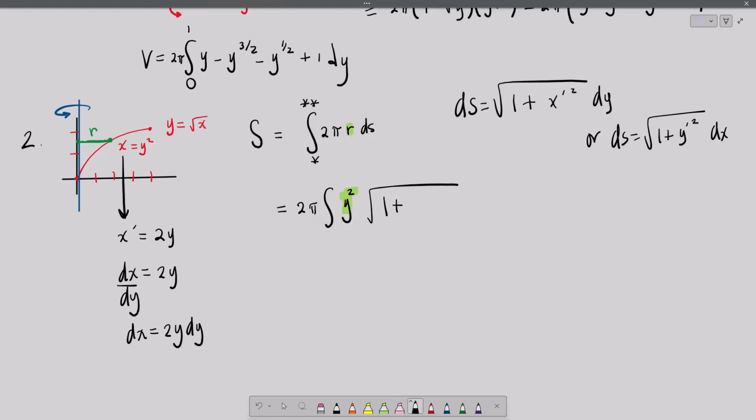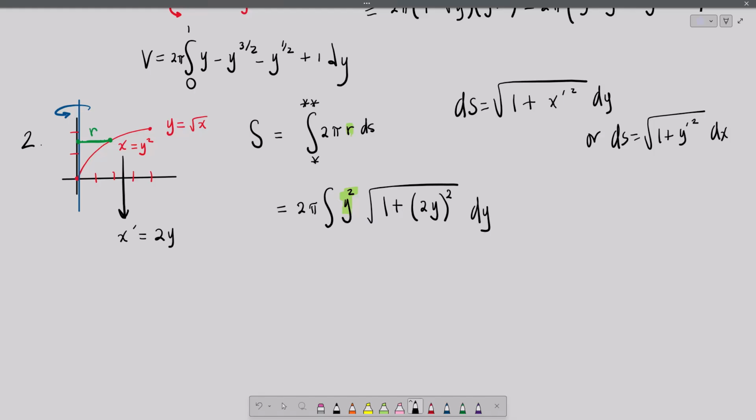But they're asking us for x prime, so dx dy is 2y. So when we square it, we get 2y quantity squared. We don't need to break it down into differentials, but that's what you would do on what you said, Sam, if we needed to. So x prime is 2y, that's dx dy, and then we have a dy on the outside.